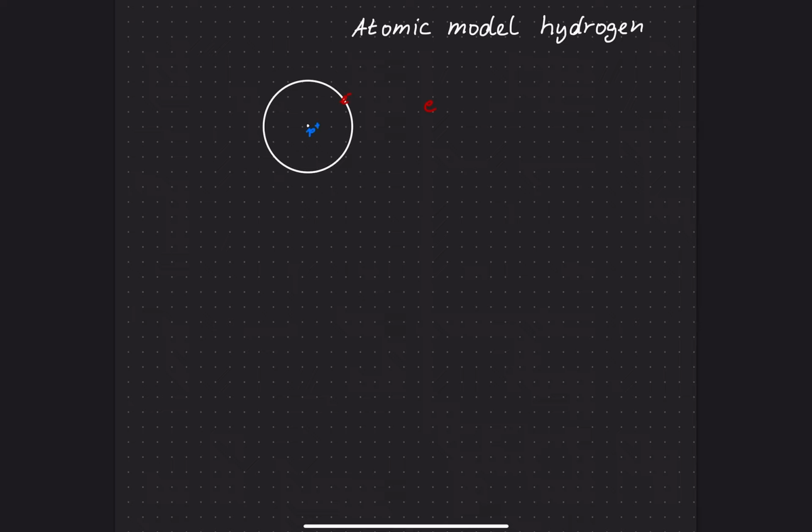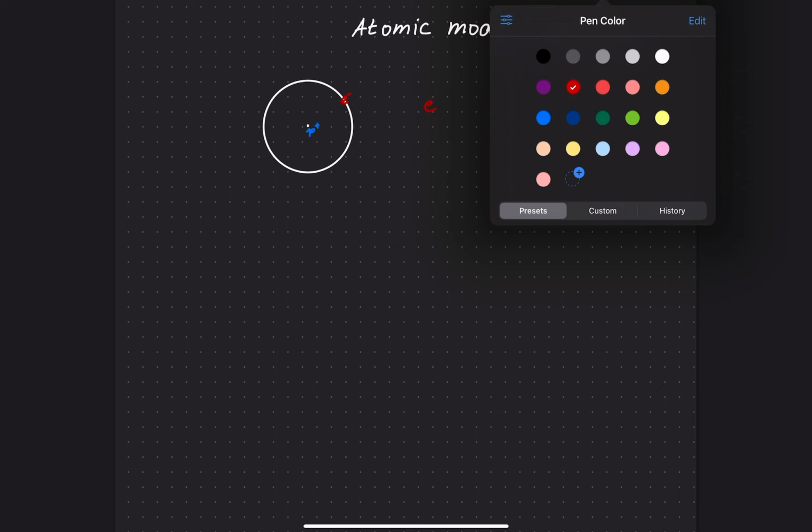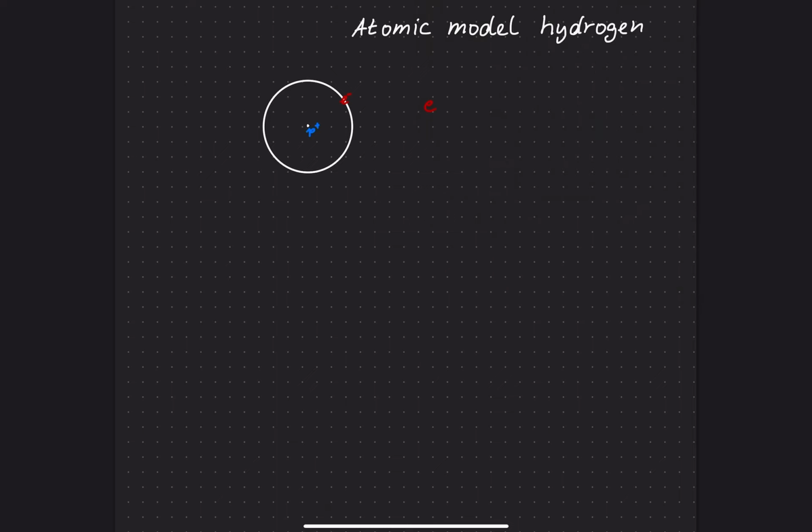And even though the electron and the proton here seem to have similar sizes, the electron only has a mass which is 1 to 1836 of that of a proton.